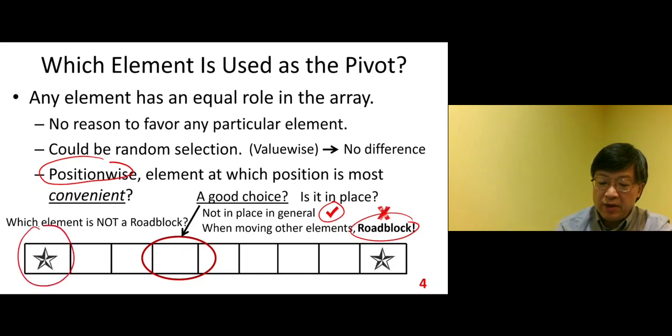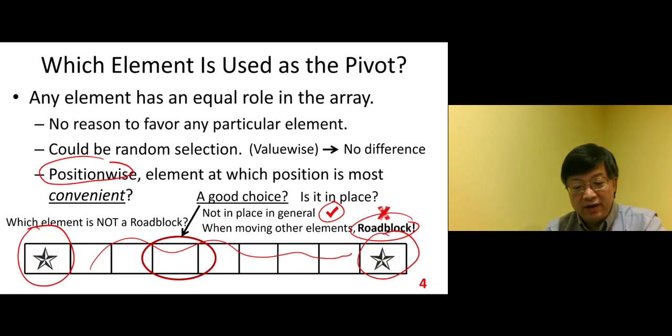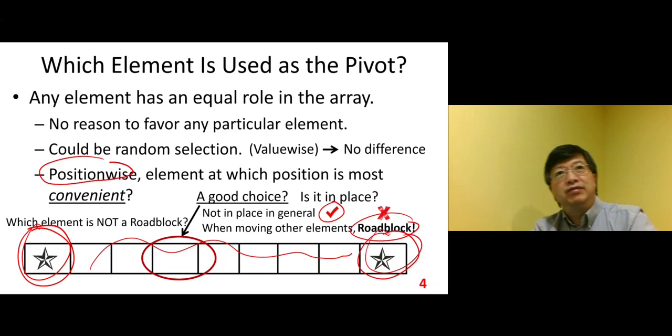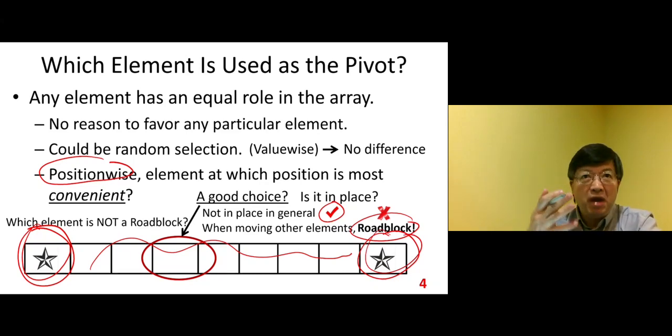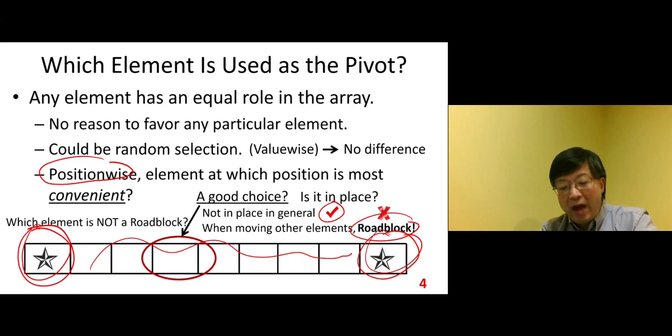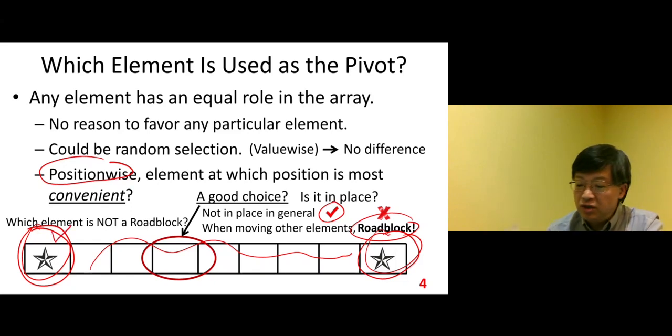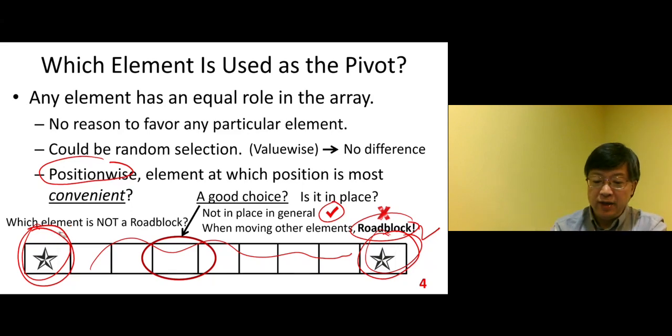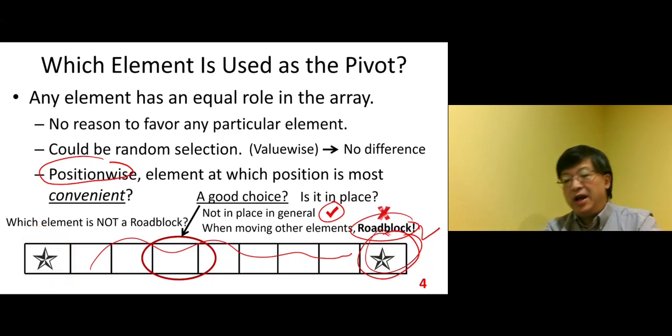So these two elements. Yeah, because when you move elements around, you do not need to do anything on the first one or the last one. Okay? So they do not block any other elements. So that means the elements in these two positions are most convenient for the pivot role. Okay? All right. So based on this analysis, then we know which one we should select as the pivot.